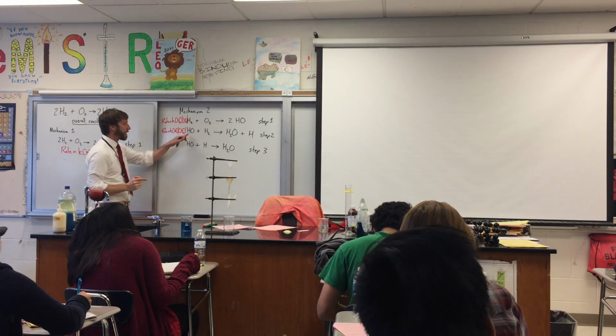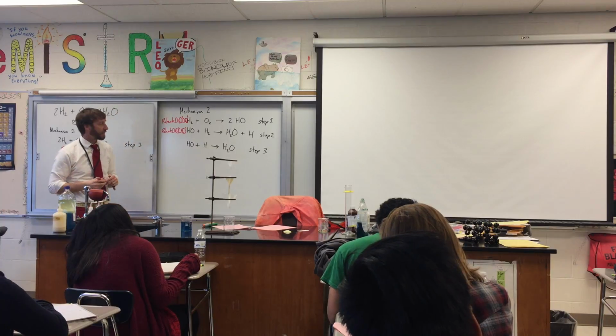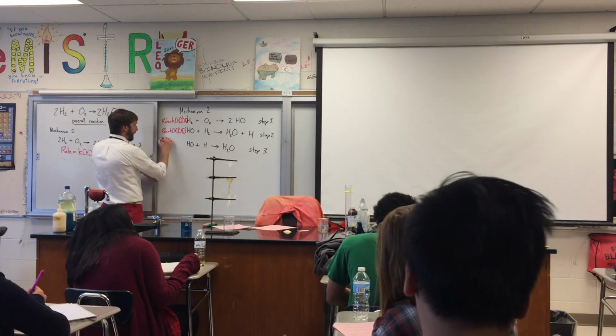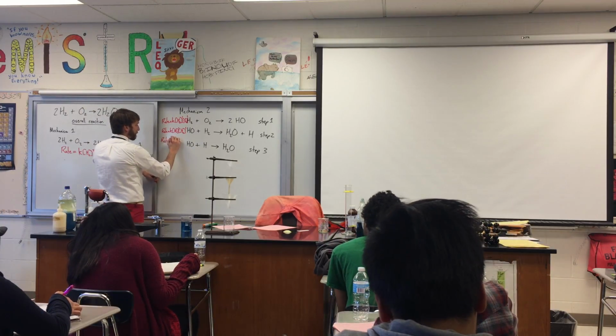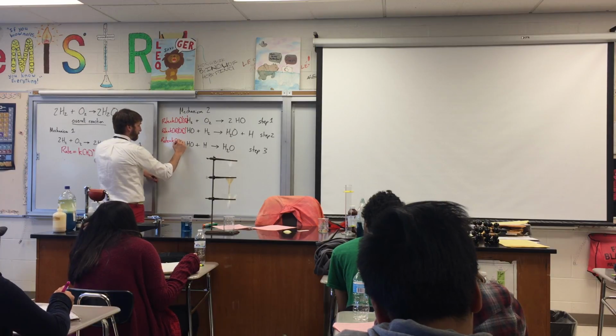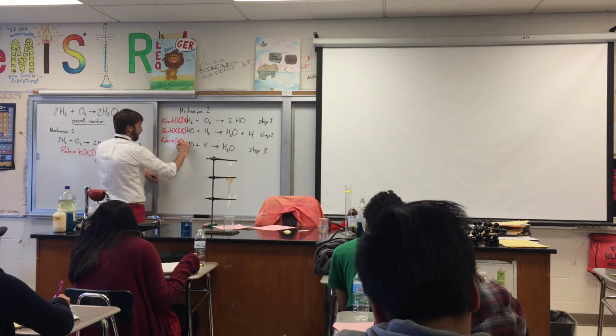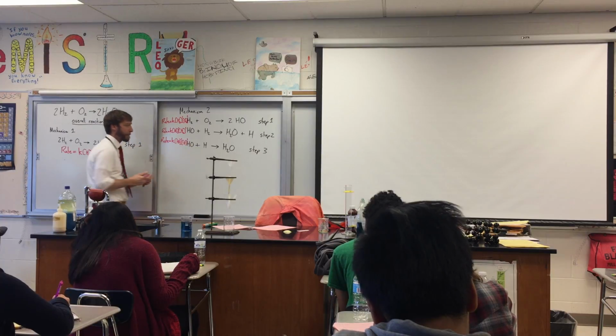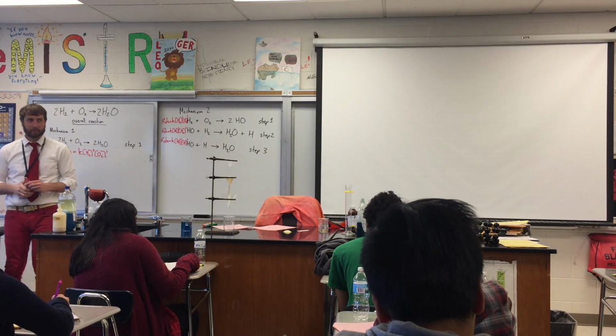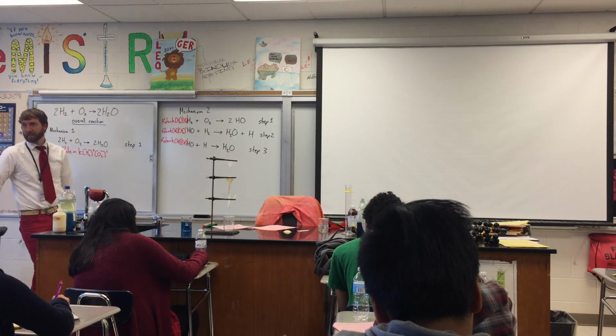Both of these to the first, right? Because there's one of each molecule needed in the collision. And then this last step, the rate law can be written as k times HO to the first times H to the first. Okay?